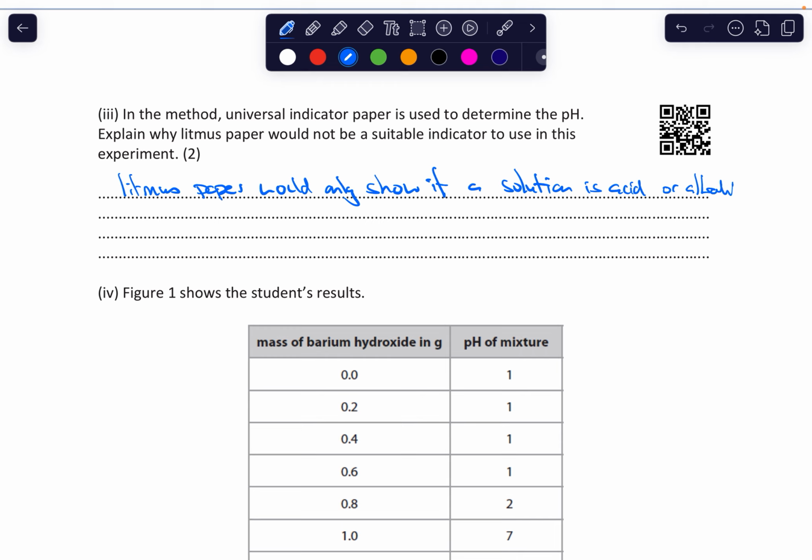What it doesn't tell you is the pH, how alkali it is or how acidic it is. So it does not tell us how acid or alkali a solution is. And again, marks wise, 1 mark for each of those.